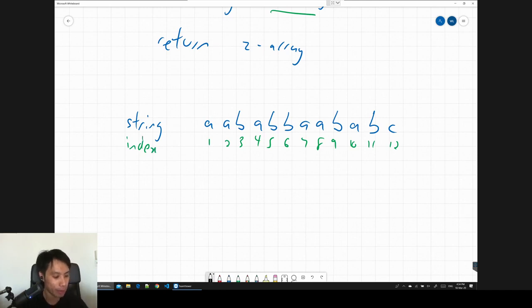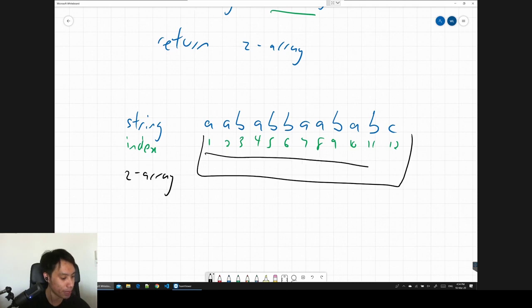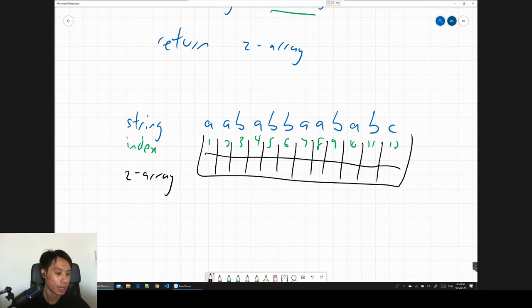Then I'm going to use black for the Z array. My Z array is going to be a value for every position which I have. What I save inside my Z array is the length of the substring which is the same as the prefix.